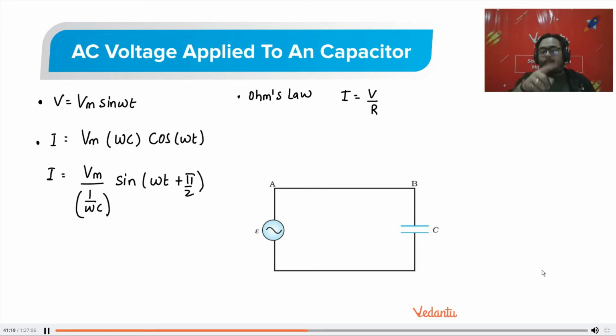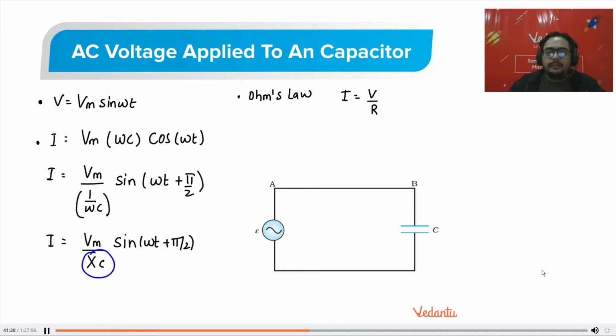So in place of R, 1 by omega C is coming. Are you getting my point? So I write I is Vm by Xc into sine omega t plus pi by 2. Here Xc is called capacitive reactance.